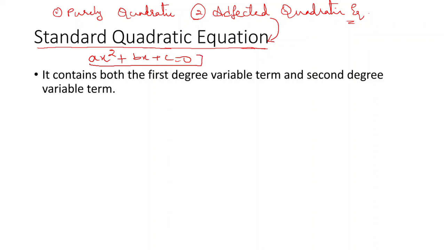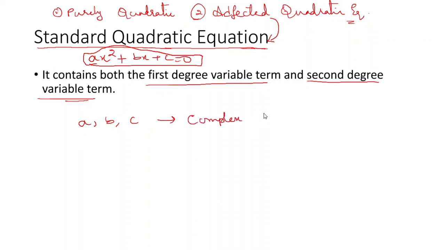It contains both the first degree variable term and the second degree variable term. a, b and c can belong to the complex number set, just as I said in the earlier slide. a and b are called coefficients, and c is called the constant term.